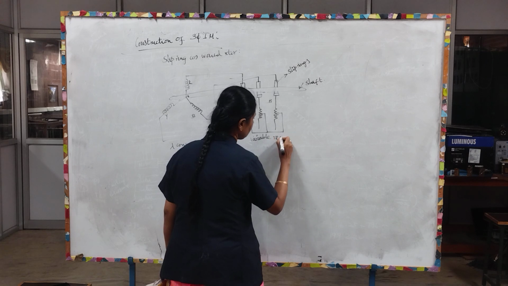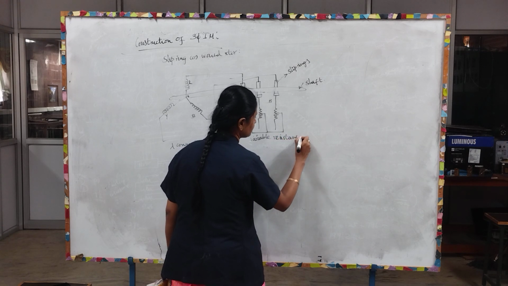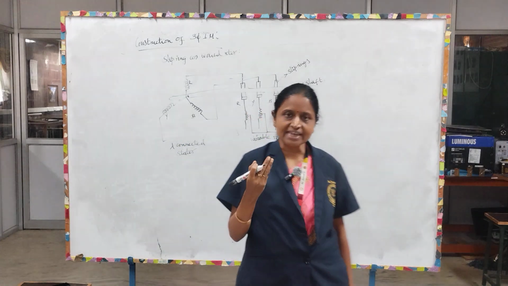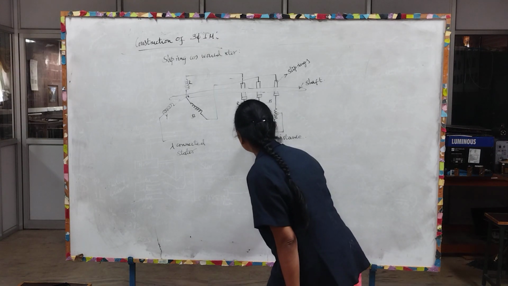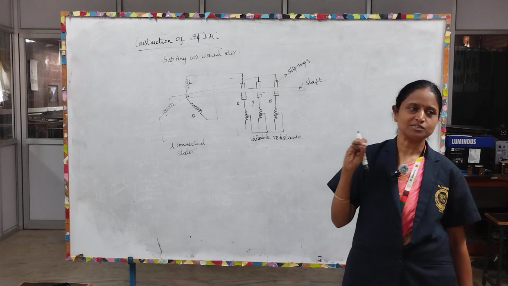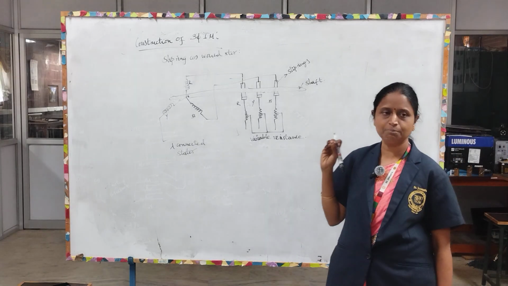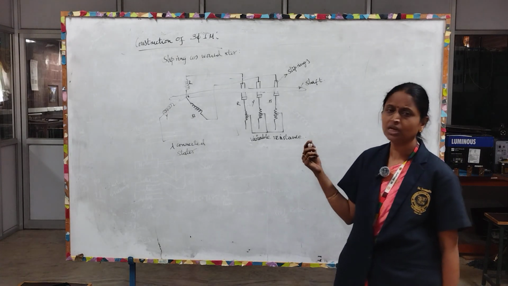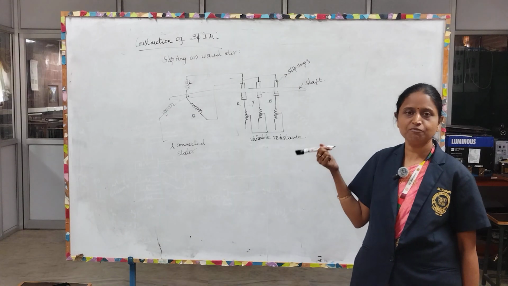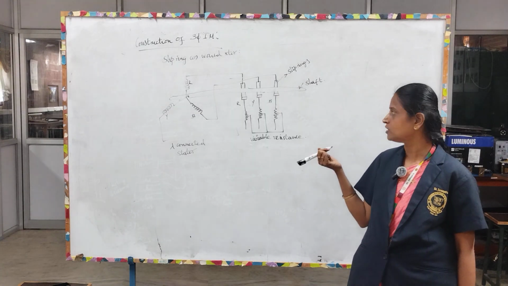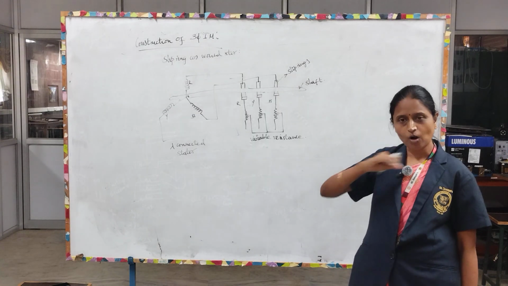What is the main function of the variable resistance? If the resistance is high, current will be minimum, so that we can control the speed. So mainly for speed control we prefer the slip ring or wound rotor induction motor, and the rotor is star connected. We have a three phase four wire connection, neutral is also possible, and a common shaft.